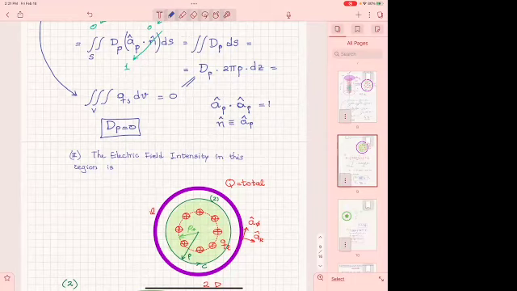Is zero. All right, so if I have a charge here, even a charge that creates an electric field, but I integrate on a volume that does not include this charge, this integral is always zero. If I integrate the electric field on a volume that does not include this charge, that integral is zero. Which means, in other words, whatever field lines are going through the volume, they go out.